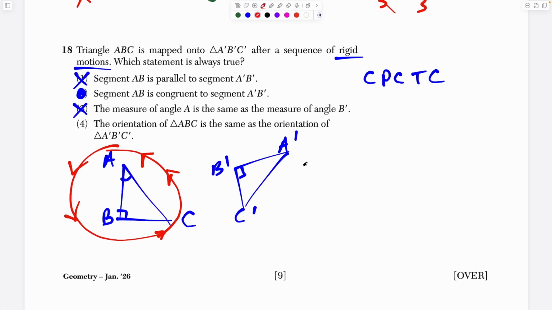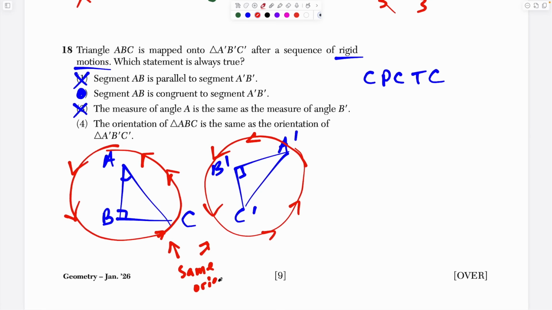And if I spin in that same direction, also counterclockwise, notice that I keep saying A prime, B prime, C prime, A prime, B prime, C prime. So these two do in fact have the same orientation, because when I spin in a counterclockwise motion, I'm saying the same letters in the same corresponding order: ABC, A prime, B prime, C prime.